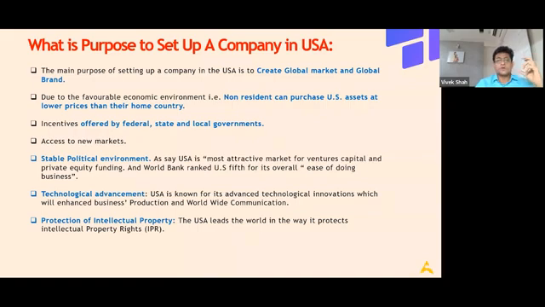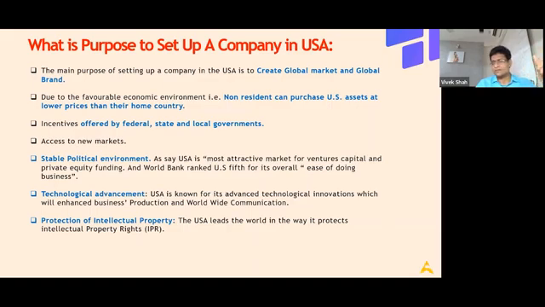So you can attract more investors to your company if all the intangible assets are owned by the US company, because there is huge protection as far as intangible assets are concerned in the US as compared to any part of the world.